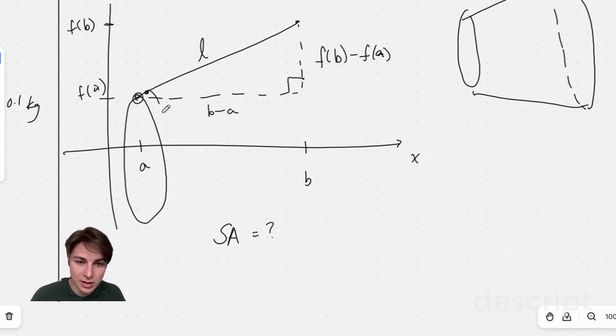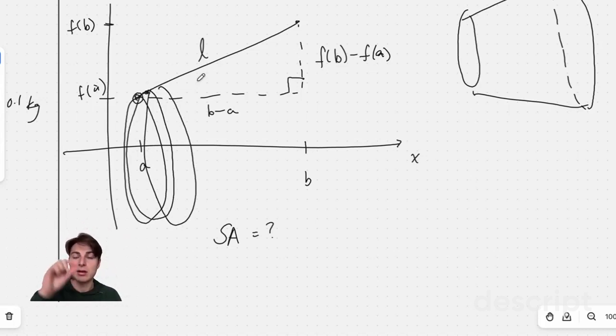Each point here creates a circle that represents the path that point takes around the x-axis, and that generates a length. The way that we actually get surface area is by taking the summation, the infinite summation, aka the integral, of each of those individual lengths.